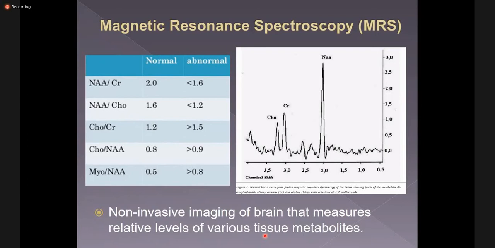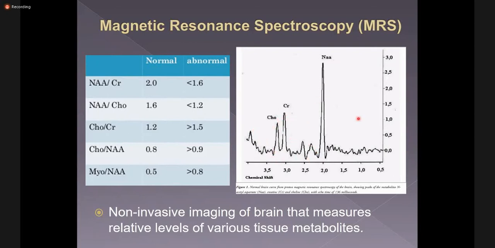They give variable metabolites, and when we measure these metabolites, we can characterize the lesion as malignant, infective, infarction, or inflammation. So this is the special sequence, MR spectroscopy.